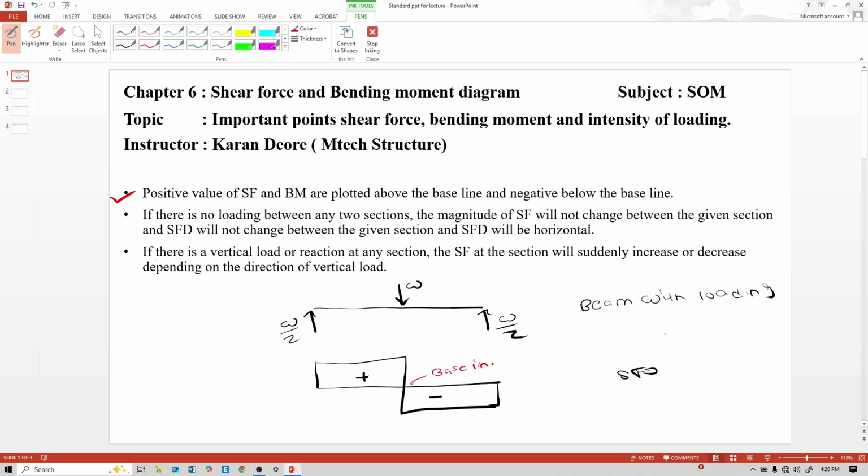Meaning of this first bullet point is this: positive value of shear force and bending moment are plotted above the baseline, this is baseline, and negative below the baseline. So now second point is, if there is no loading between any two sections, the magnitude of shear force will not change. No loading, magnitude of shear force will not change. See, here there is no loading, so magnitude of shear force is also W by 2, same.